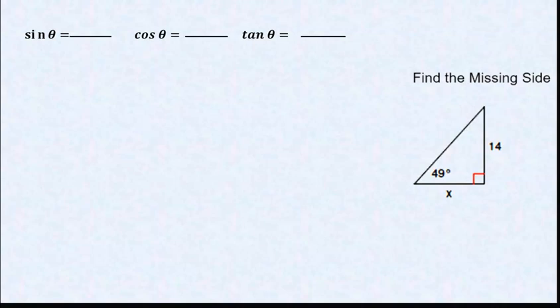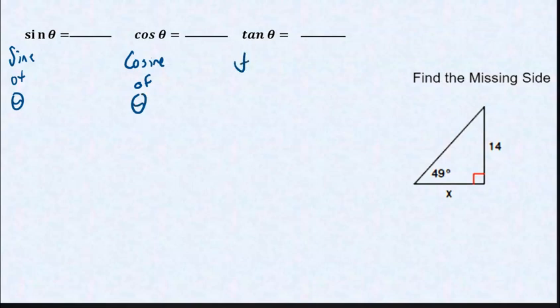The way these abbreviations read is, this is sine of theta, this is cosine of theta, and this is tangent of theta.